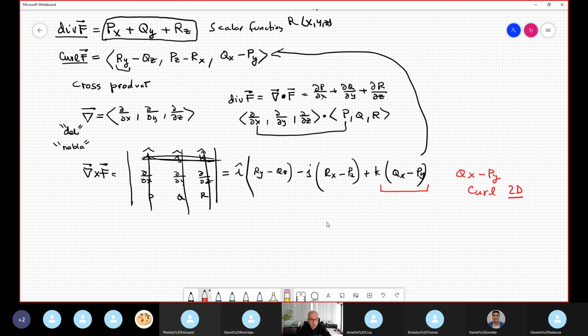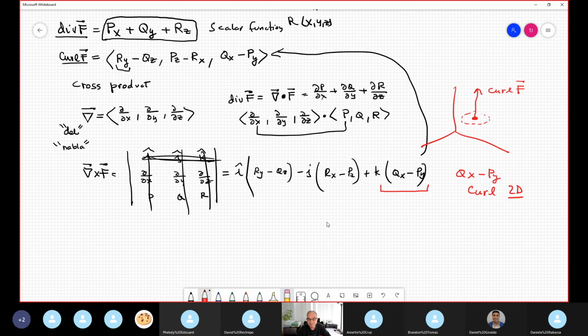Then, the curl in 3D is a vector. And the interpretation of this vector is that at one specific point in 3D we have rotation, suppose in this direction, and this vector is perpendicular to it. Okay, this is the curl of the vector field at one specific point.